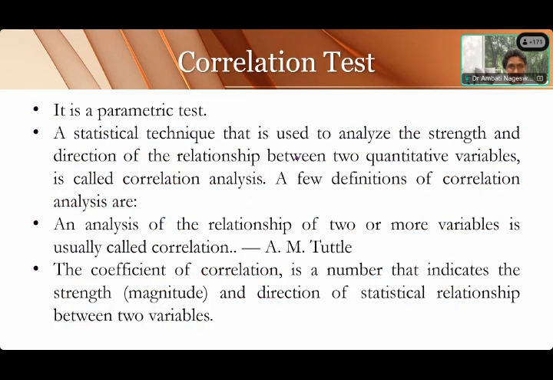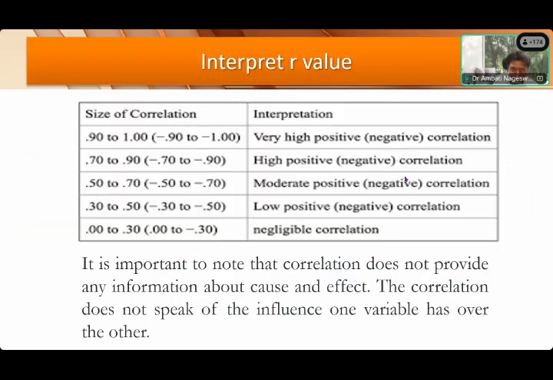Now, as a part of the definition, there are strength and direction. Direction means, is it a positive direction? Is it a negative direction? Or there is no relation, there is no direction. When it comes to the strength of the relationship, we take the help of statistics, based on the test value, the R value that you are going to get.